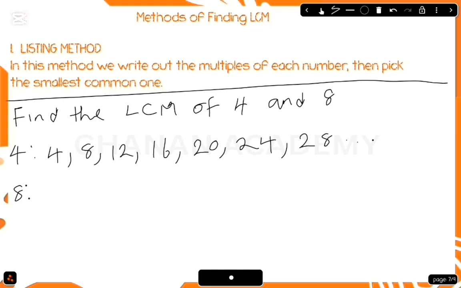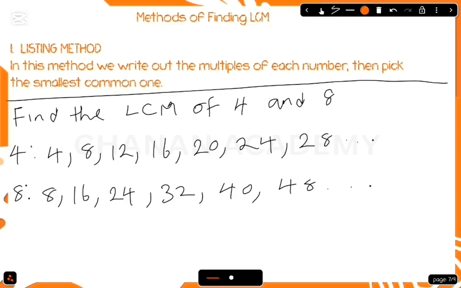The multiples of 8 are 8, 16, 24, 32, 40, 48, and so on. So these are the multiples of 4 and 8.